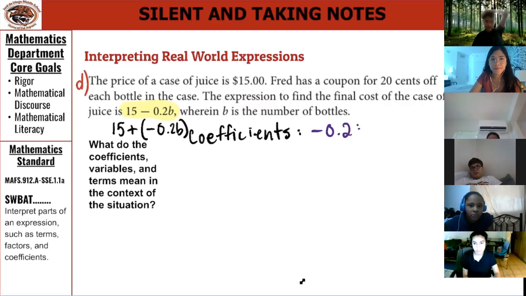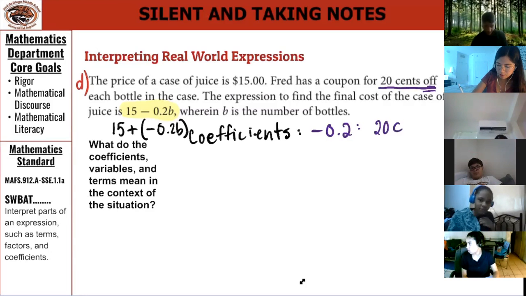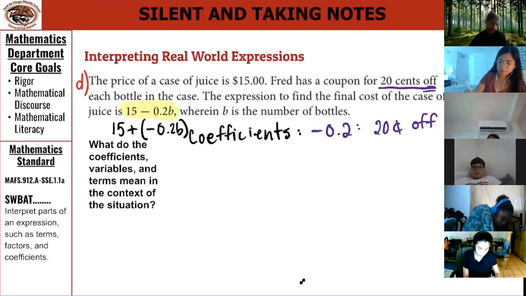Because he has a coupon for 20 cents off. 20 cents off, exactly. We're subtracting because it's going to save him money. So this is 20 cents off. And it's off of what? Is it 20 cents off of the total or each something? Each bottle. Off each bottle, exactly.